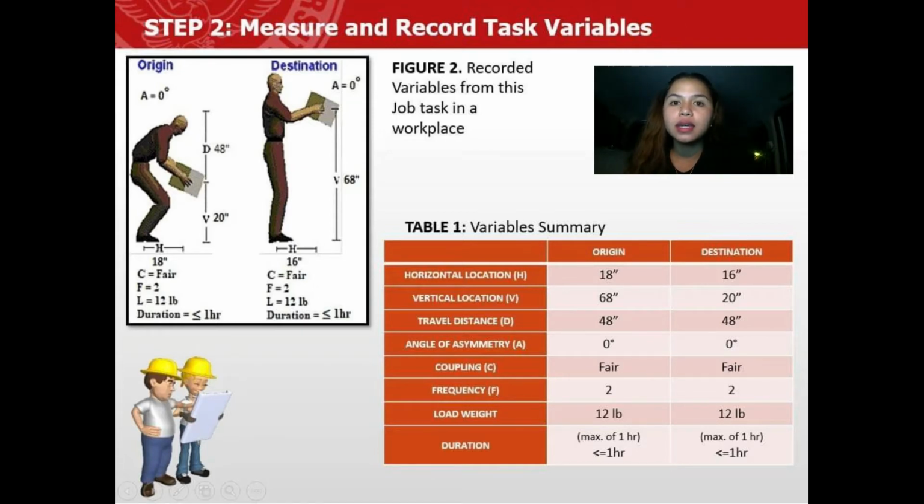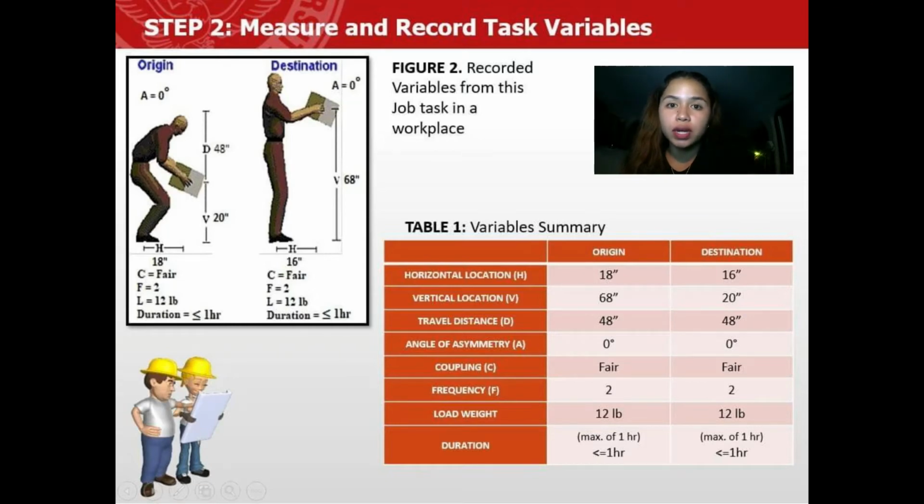The horizontal location at the origin of the lift is 18 inches, and the horizontal distance at the destination of the lift is 16 inches. The height of the lift origin is 68 inches, and the height of the lift at the destination is 20 inches. The travel distance between the origin and the destination is 48 inches.